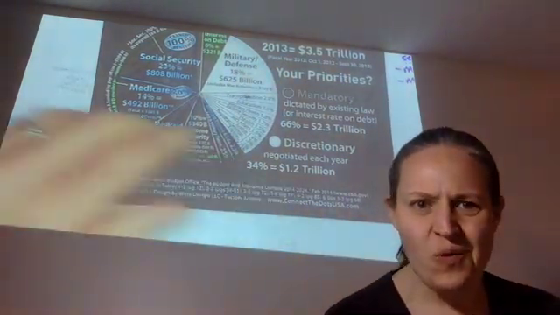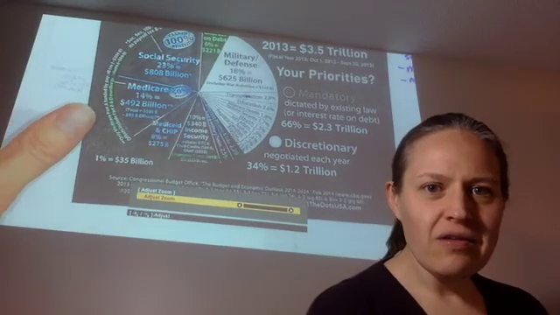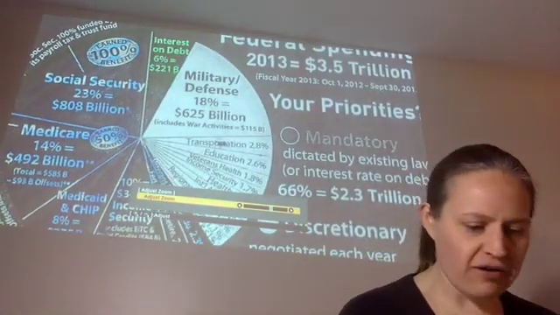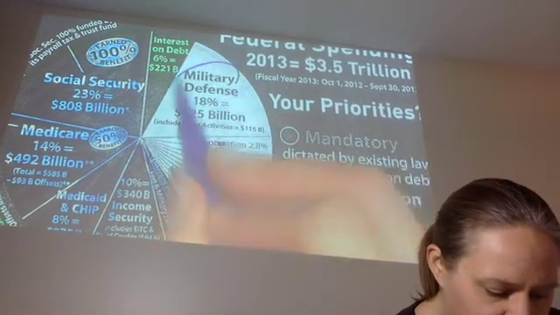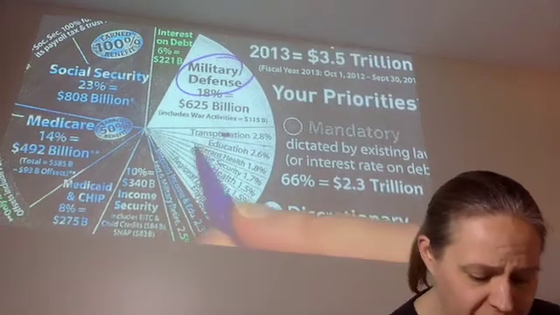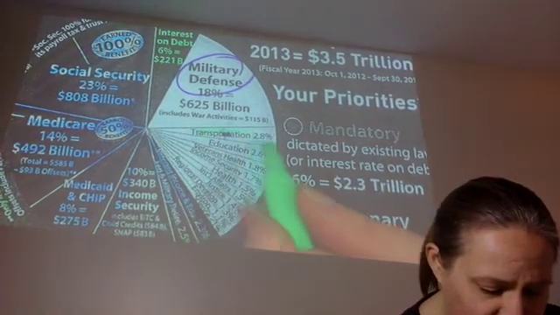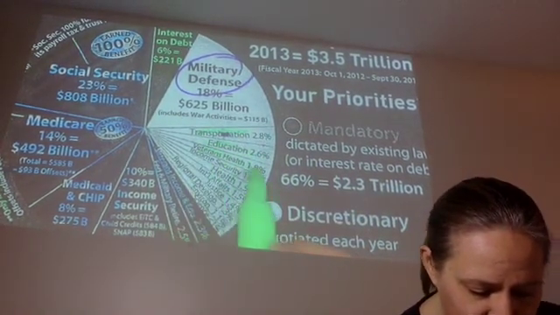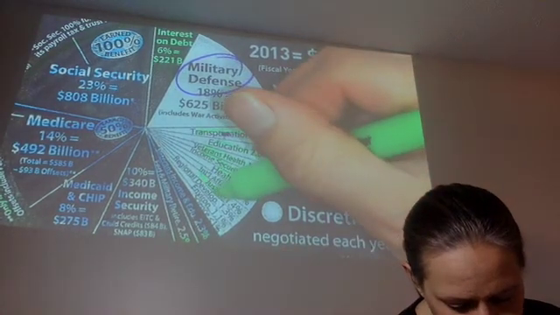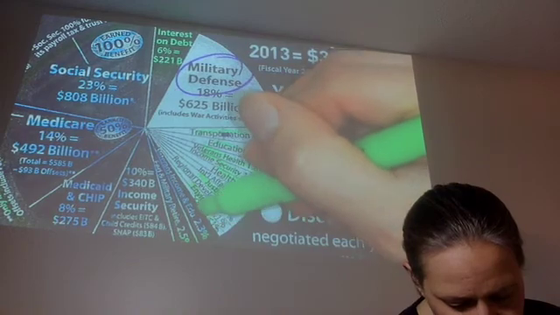All right, well then what's left? As you can see, the biggest part of our discretionary spending is the military, 18%. And then things like transportation, education, income for veterans, health, justice, environment, science.